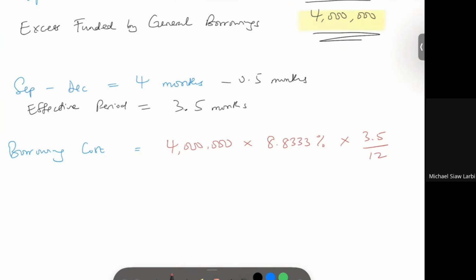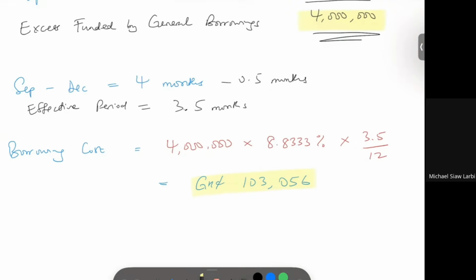The 8.8333 is an annual rate. So you're going to do 4 million by 0.08833 times 3.5 divided by 12. This is giving me 103,056 Ghana cedi. So this is my borrowing cost from the general.